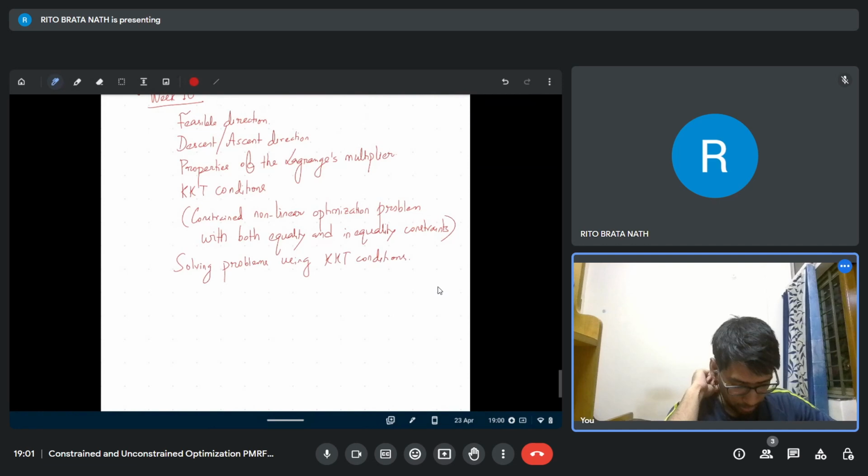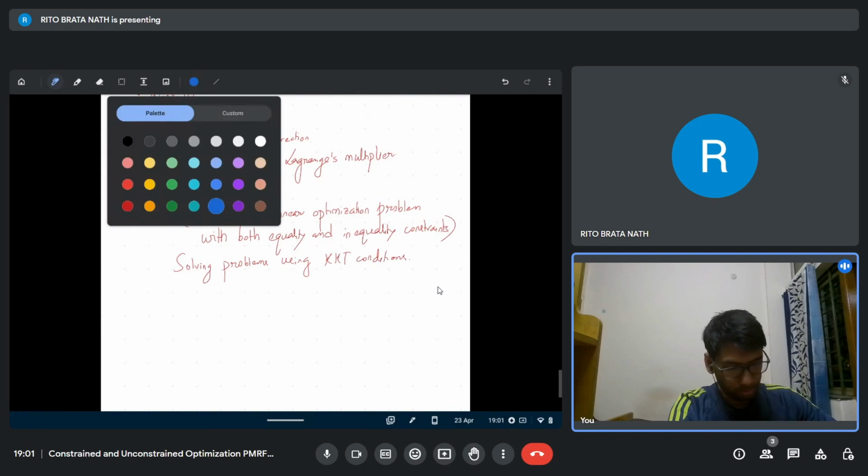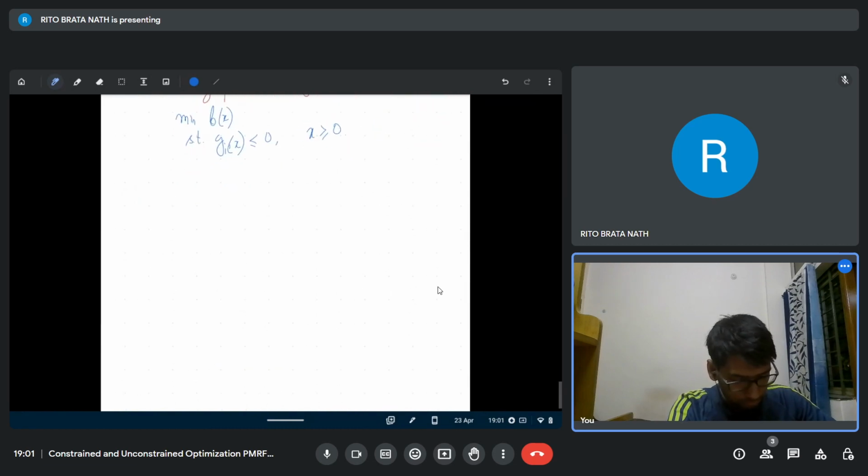So these were the main topics of discussion in week 10. And I think there is something important here. I'll just quickly write it down. Related to the feasible direction, suppose I give you this: min of f(x) subject to g_i(x) less than or equal to 0, x greater than or equal to 0. Then suppose g_i(x) is an active constraint.